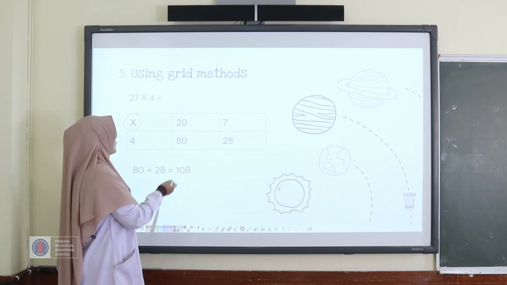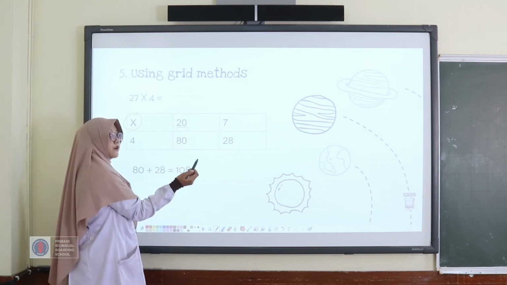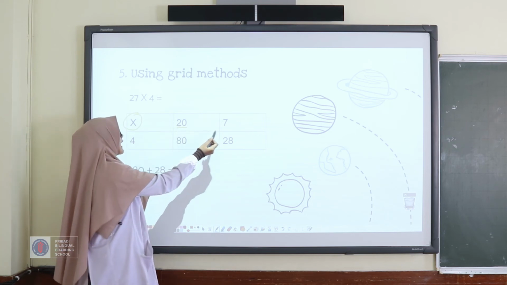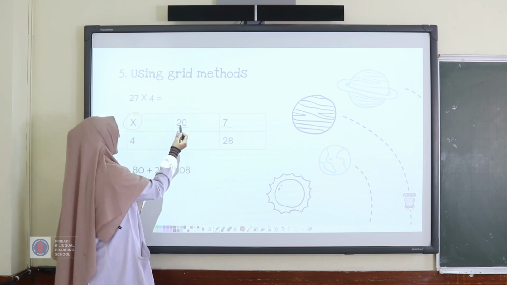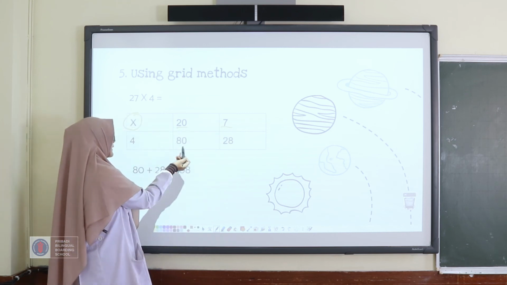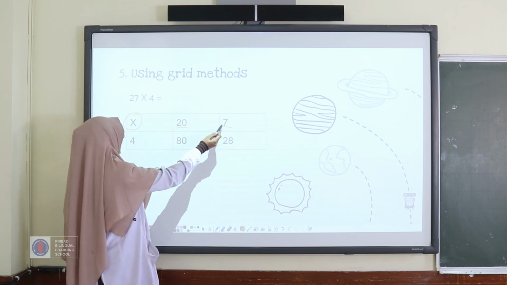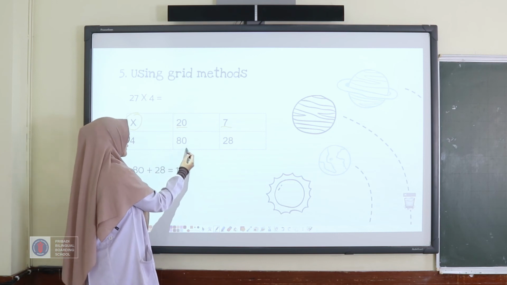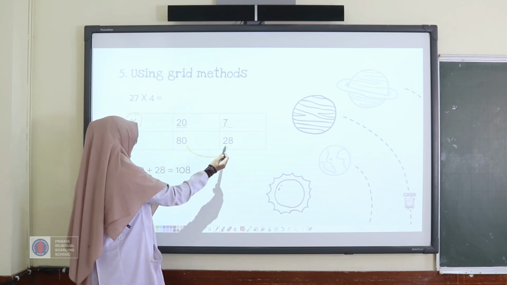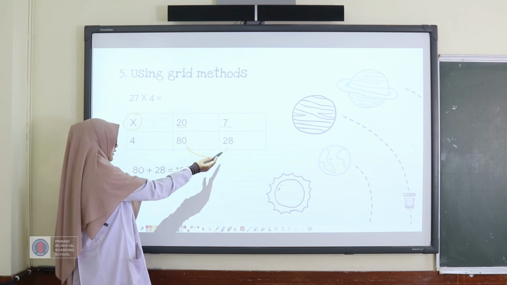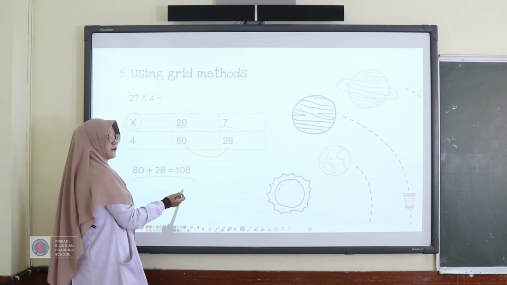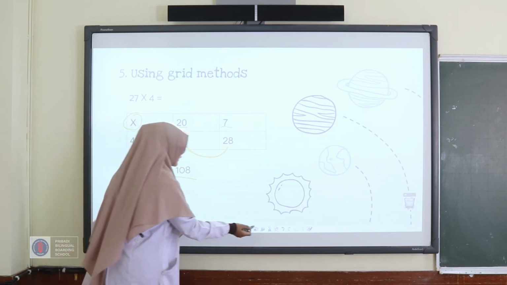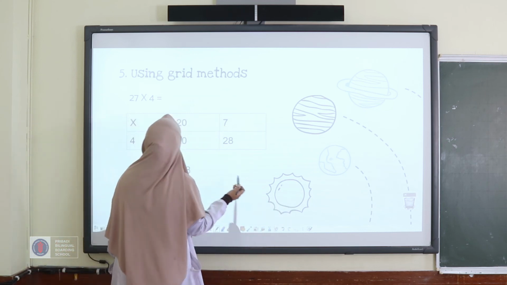Then we put 20 here and 7 here, because we separate the tens and the units. 20 multiplied by 4 is 80, and 7 multiplied by 4 is 28. We put both products together by adding them, and it becomes 108. That is how we use the grid method.